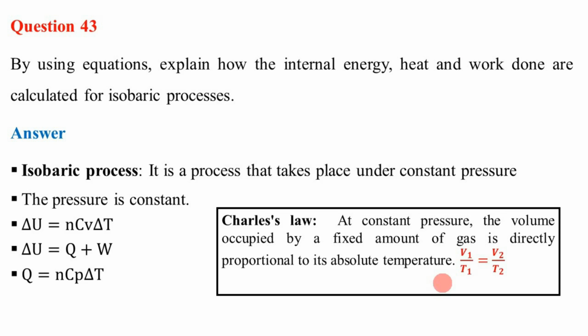This is the Charles law, the formula that we saw when we started the gas law equations. We can then calculate the final volume and the final temperature by using this equation.